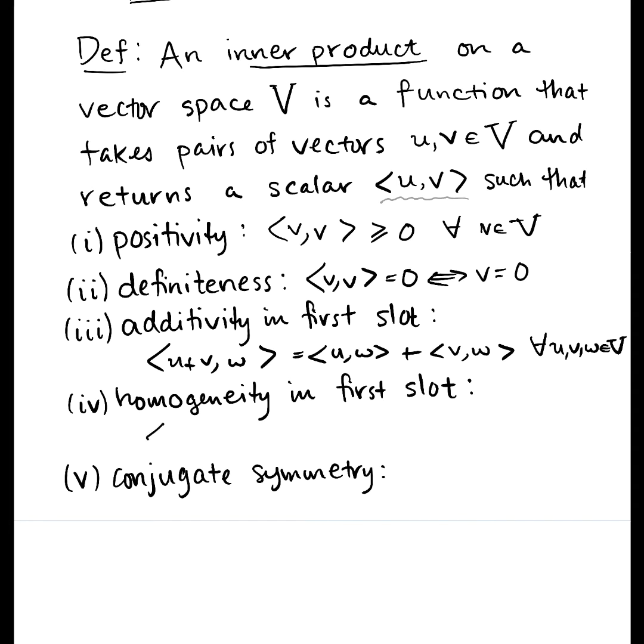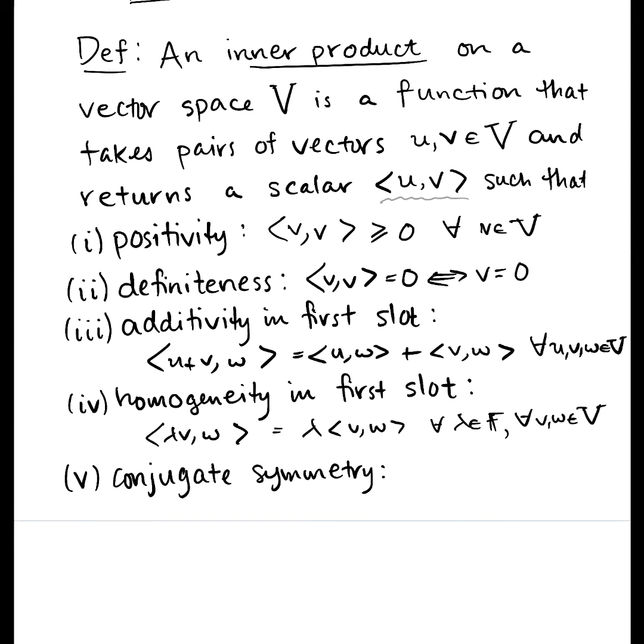So lambda v against w is the same as lambda times the inner product of v with w. And that's true for all scalars lambda, and for all v and w in the vector space.